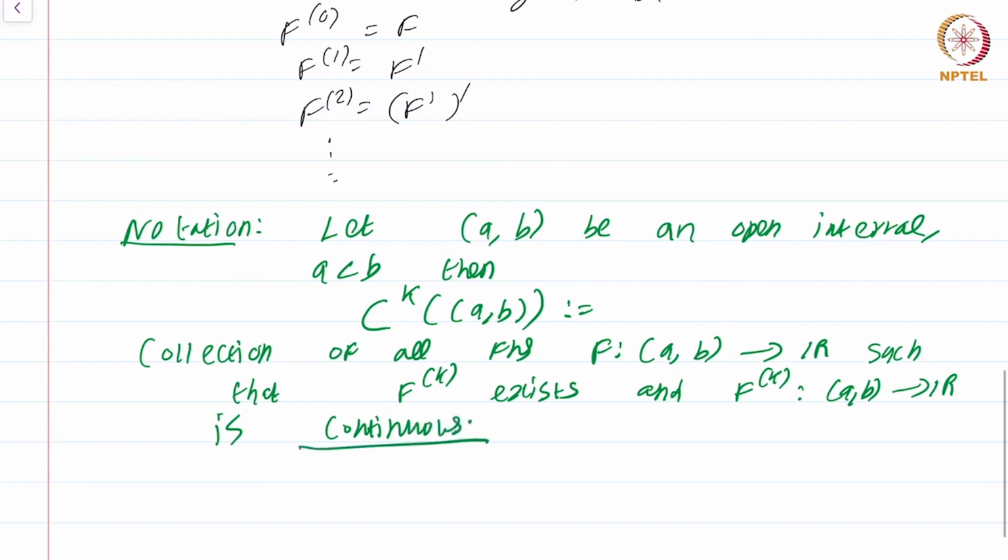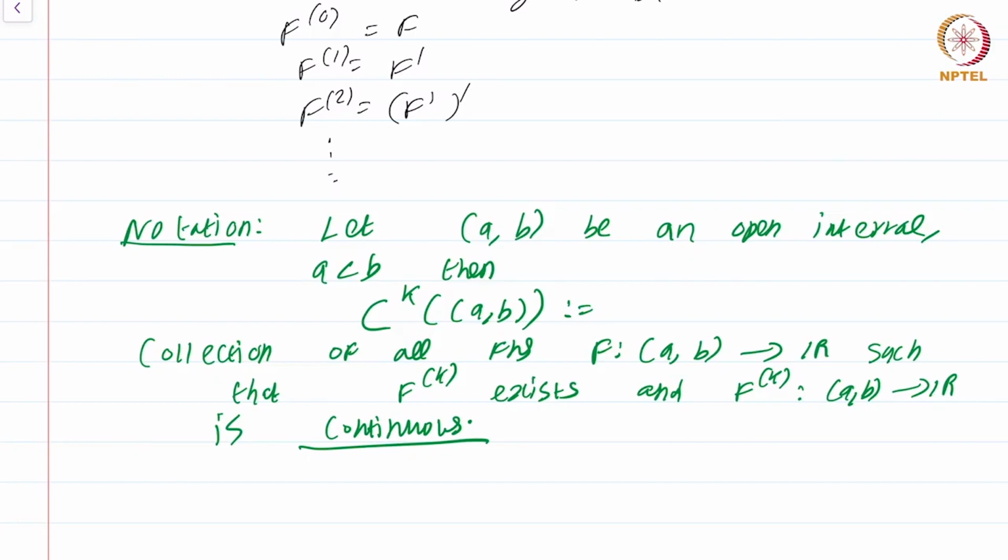So C^k of the open interval (a, b) is the collection of all functions f from (a, b) to R such that f^(k) exists and f^(k) is continuous. If you think about this definition for a couple of moments, you will realize that automatically f^(k-1) exists, because that's the way f^(k) was defined.